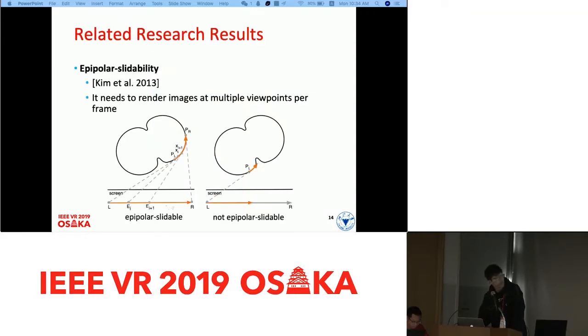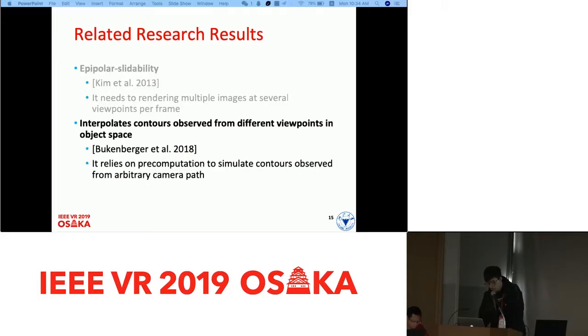As can be seen, their method needs to render images at multiple viewpoints per frame, which makes it infeasible for real-time applications. In 2018, Buchenberger and his colleagues proposed another method that interpolates contours observed from different viewpoints in object space. This approach heavily relies on pre-computation and a predefined camera path, which makes it inflexible for real-time applications either.